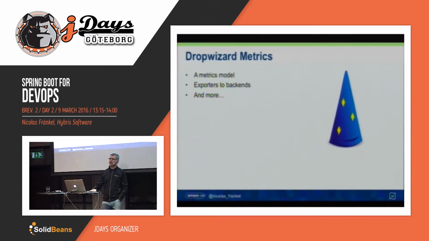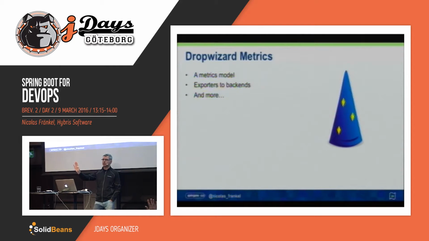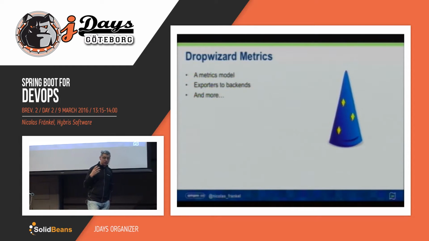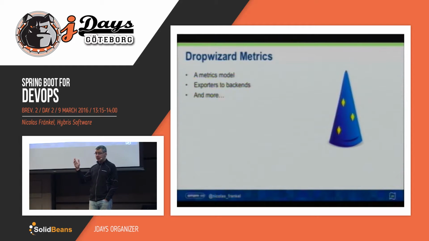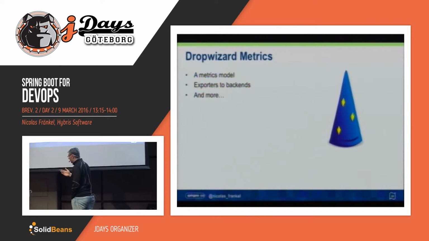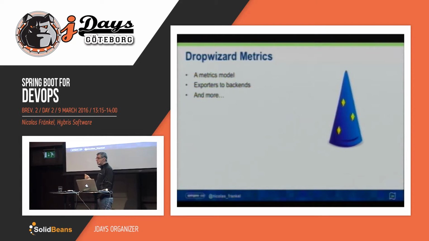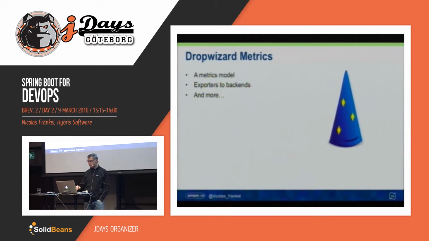Who knows about Dropwizard Metrics? Not so many people. Okay, Dropwizard Metrics are really great because they model the metrics, like Spring Batch did for batches. It's very simple. Also, what they provide you is exporters to dedicated backends.